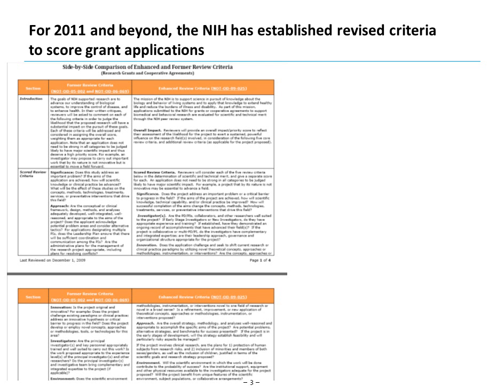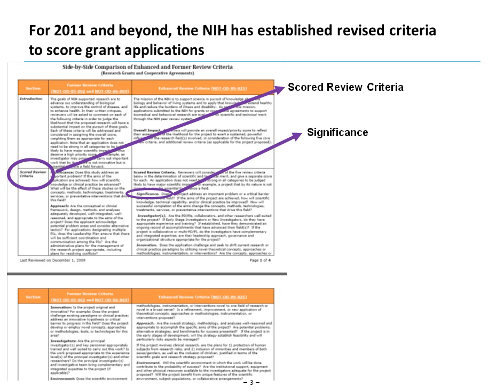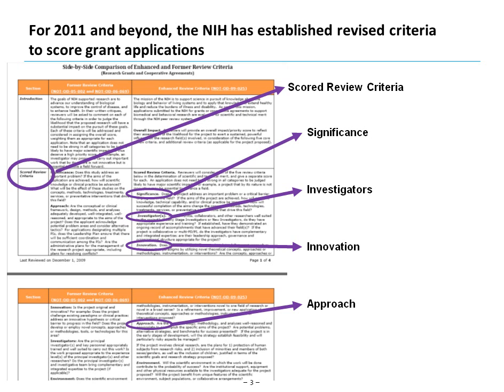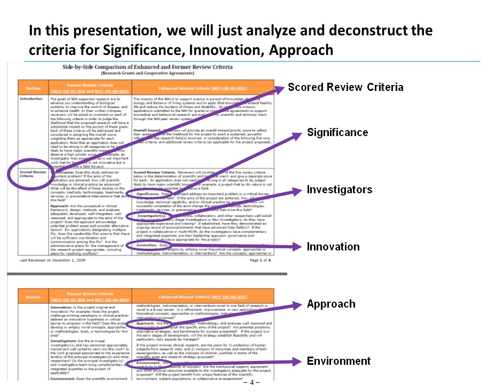As you may know, for 2011 and beyond, NIH has established some revised criteria to score grant applications across very similar dimensions from the previous peer review criteria: significance, the investigators, innovation, approach, and the environment. In this presentation, we'll just analyze and deconstruct the criteria for significance, innovation, and approach because these are the most important and critical criteria.